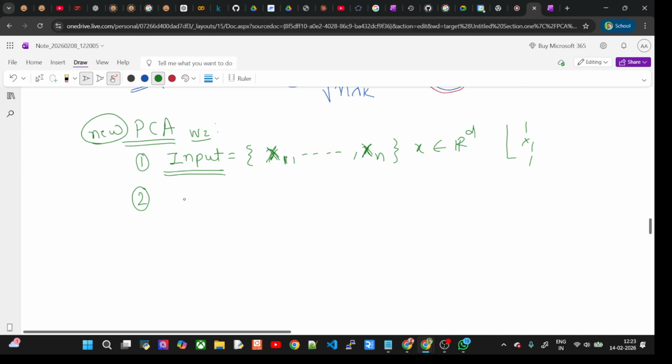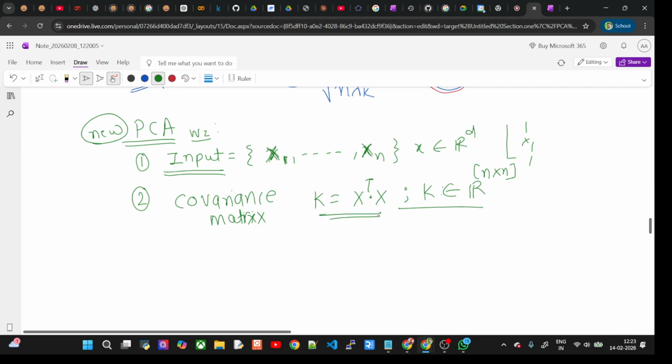Next, you calculate your covariance matrix. What is this covariance matrix in this case? K equals x transpose x, okay. This is the new PCA, not the old PCA. It belongs to R^(n cross n), correct, and this is the new algorithm, okay.